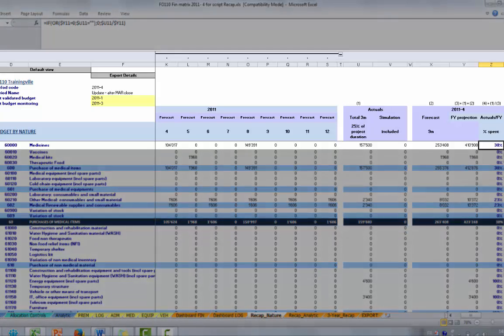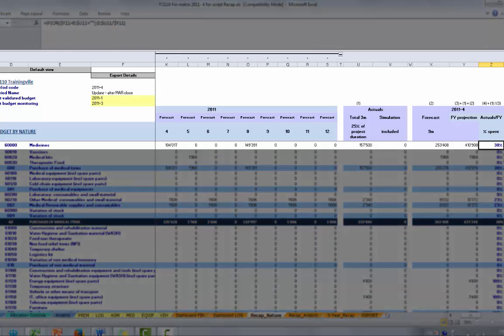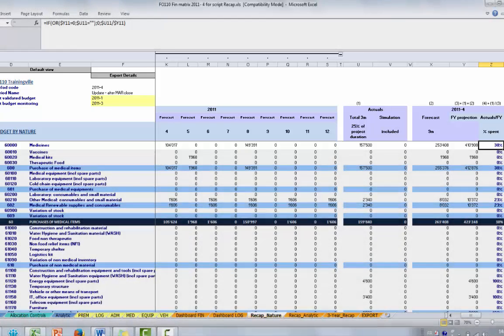For example, for the account 60,000, an international order was placed for 157,500 Swiss francs. This is also the sum of forecasts for the remaining months, which are updated in this matrix: the sum of details per month, columns H to S.